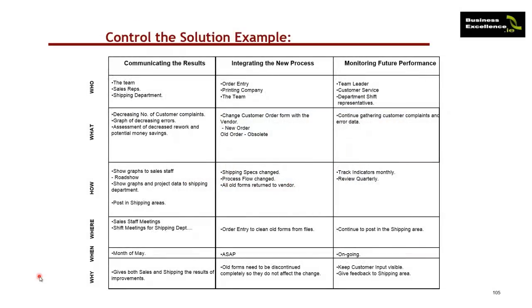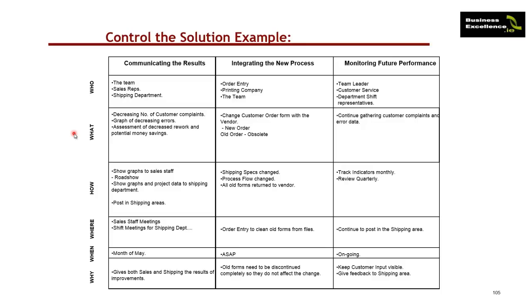One of the things you would do in the control phase is identify some key activities. Some of those activities are around communication. So in terms of the case study, we need to look at who we are going to communicate to. We're going to communicate to the sales reps, to the team, to the shipping department. We also ask the question, what are we going to communicate to them?